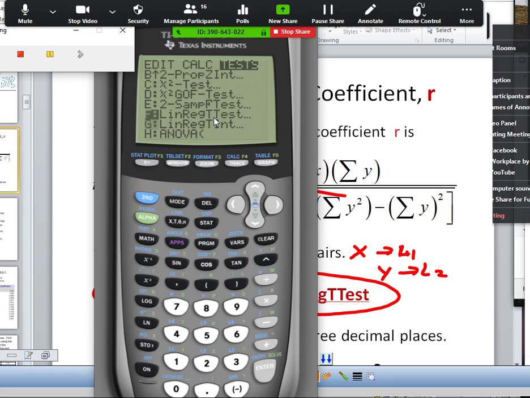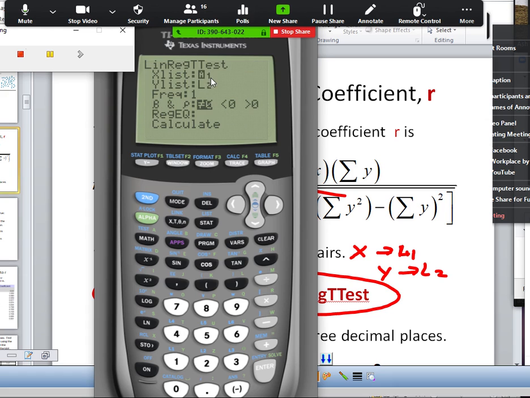Not interval. This is a test. Lin-Reg t-test. Hit enter, and your x's are on list 1, your y's are on list 2. Leave your frequency at 1, and remember, we're always going to be testing not equal to. So it's always going to be not equal to here. And then I don't know what we would put there. What would they want you to put? I don't know, but we'll leave it blank.